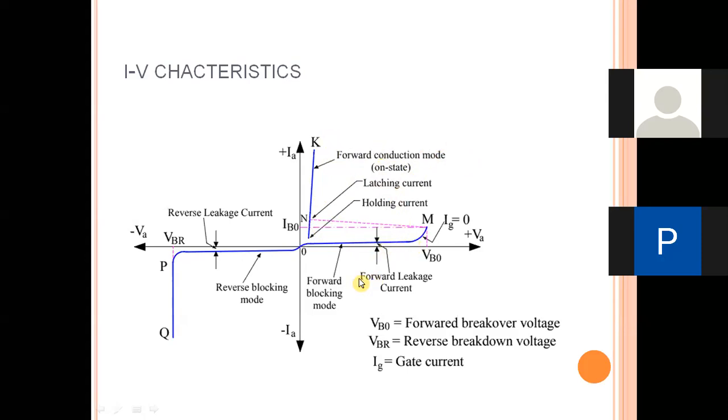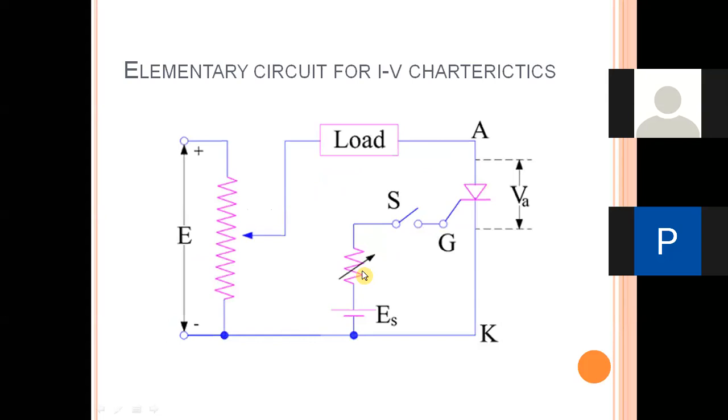Then moving to the other, that is the reverse voltage. In the case of reverse voltage, we need to simply reverse these terminals. This is going to be positive and this is going to be negative. So when the positive terminal is applied across the cathode terminal and negative is applied across the anode terminal, what will happen?